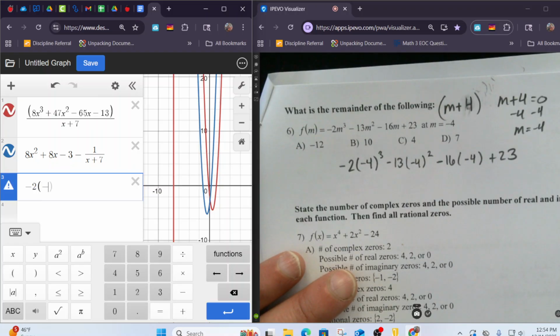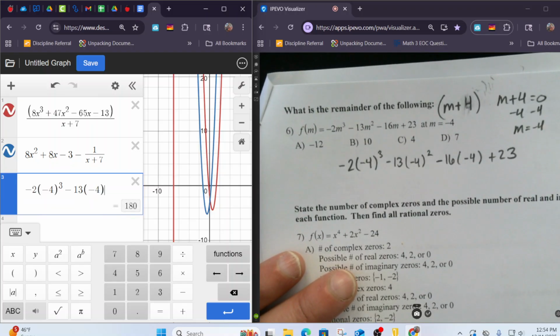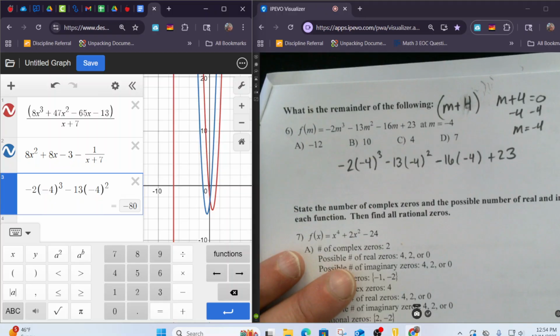Guys, do yourself a favor. If you type in something in Desmos, make sure if you're inputting a value in for a variable, please put that thing in parentheses. If you do not, I guarantee you, if you don't put the negative 4 in parentheses, it will be wrong. And I can already tell you why, because of that square right there.